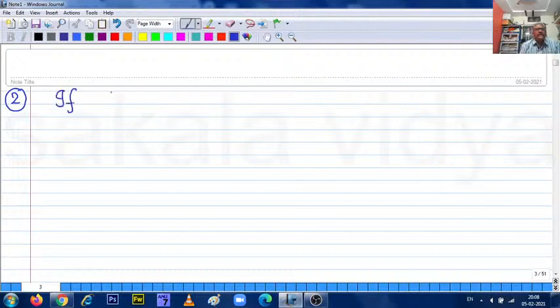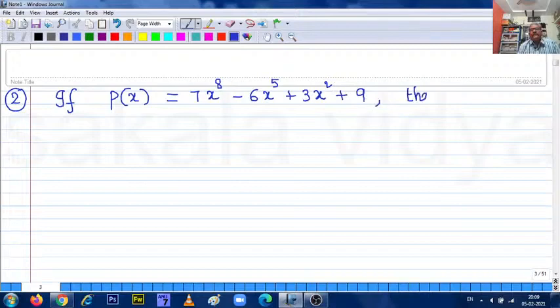If p of x equals 7x to the power of 8 minus 6 times x to the power of 5 plus 3x square plus 9, then find: first one, degree of p of x, degree of this polynomial.